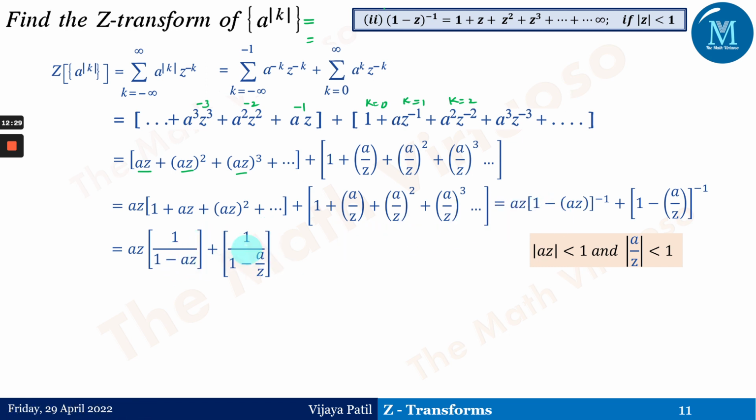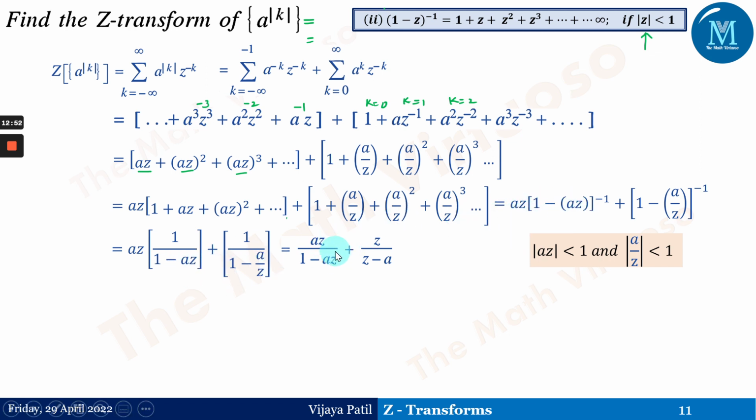We have written from this stage to this one only because we said that mod of z is less than 1. That means mod of az is less than 1 and mod of a by z is less than 1, and because of that we have this type of series, or you can reduce this series into this function.